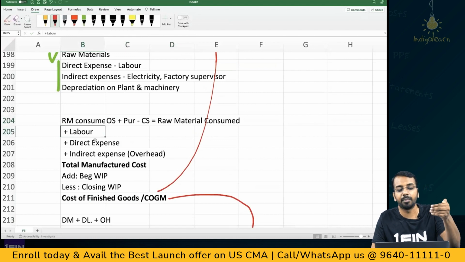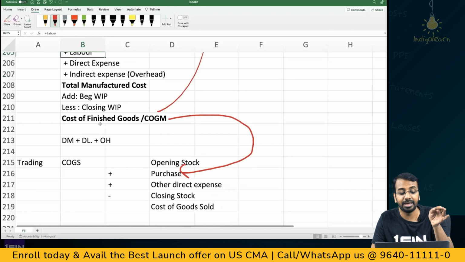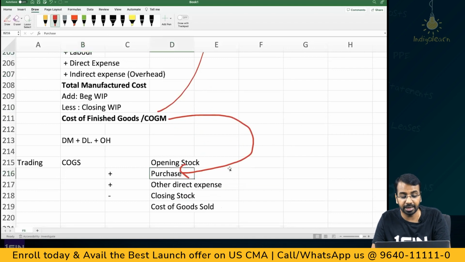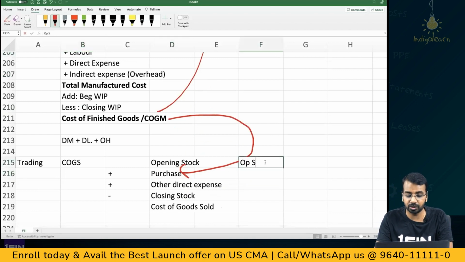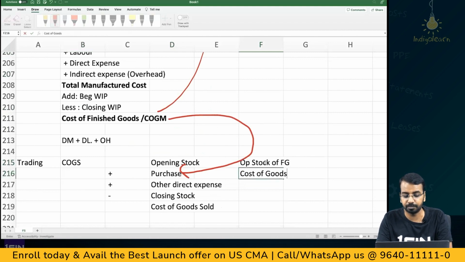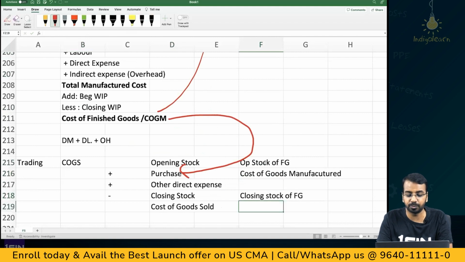So this 900 of consumption is what is captured here. So raw material consumed plus labor plus any other direct expense plus indirect expense gives me total manufactured cost, plus beginning inventory less closing inventory gives me cost of goods manufactured. And here I will have opening stock of finished goods, cost of goods manufactured, and closing stock of finished goods, which gives me cost of goods sold.